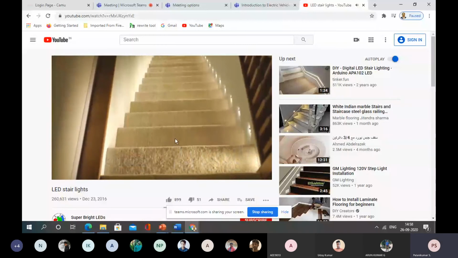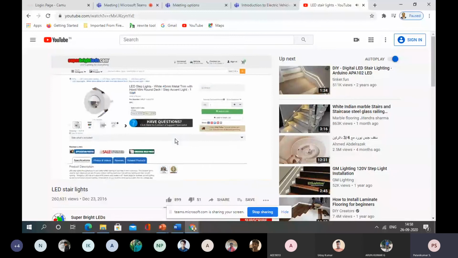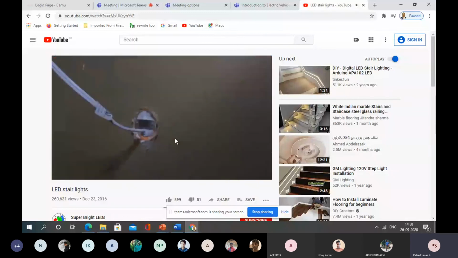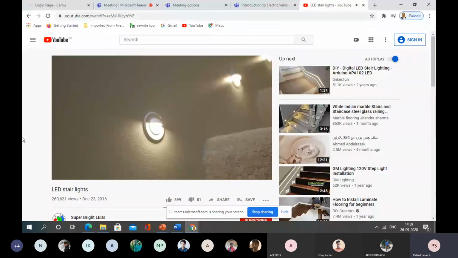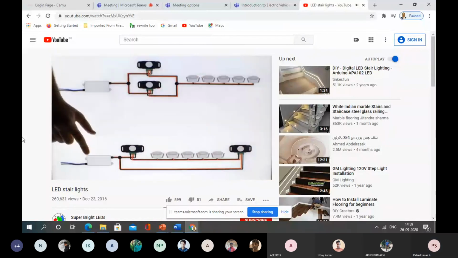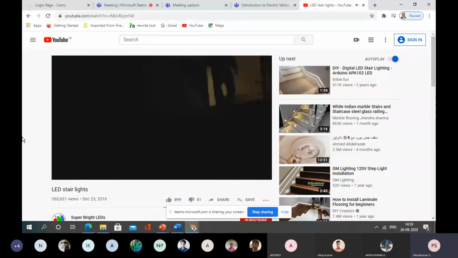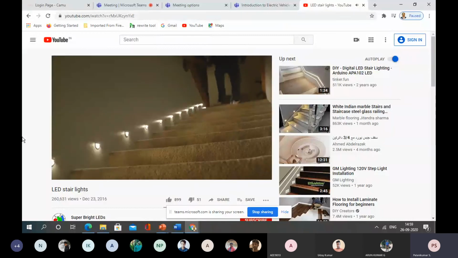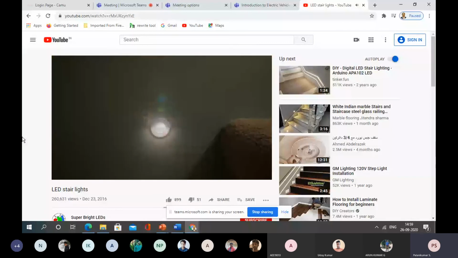The PIR sensor will sense that a person has entered, then automatically illumination starts. See the person entering, automatically the lights come on, because we need illumination on the steps only. After leaving, the lights are off.